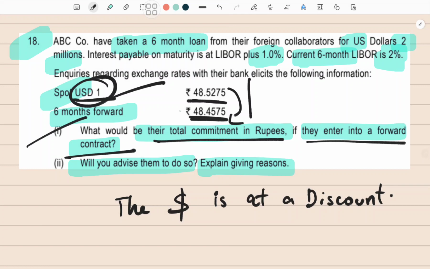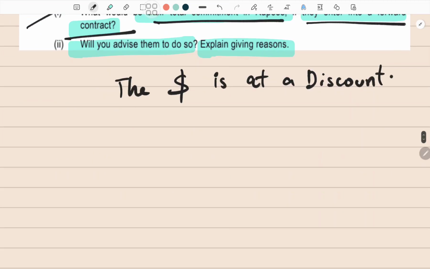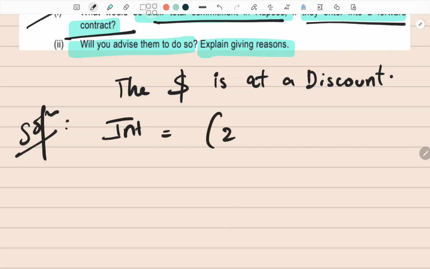The forward rate is given to us here, and the amount is $2 million also given to us, and the interest is also given to us. So we calculate the interest first. Interest is equal to 2 plus 1 percentage.